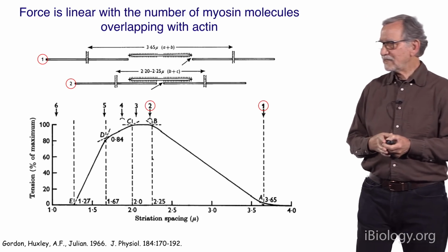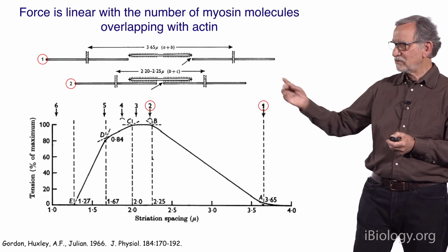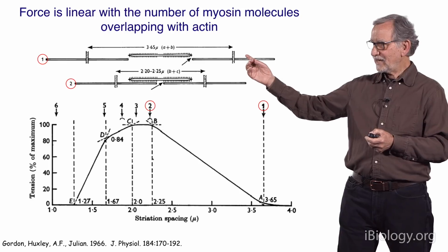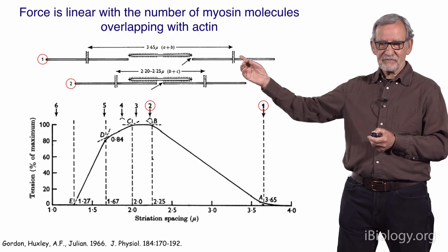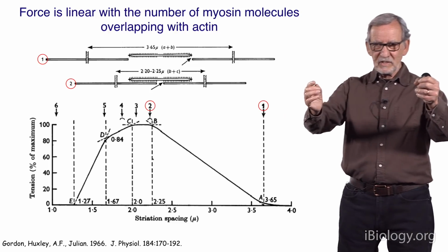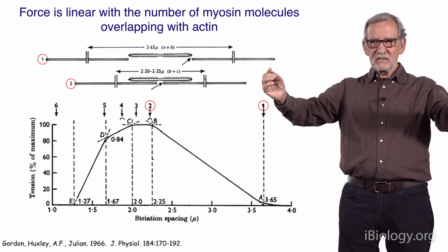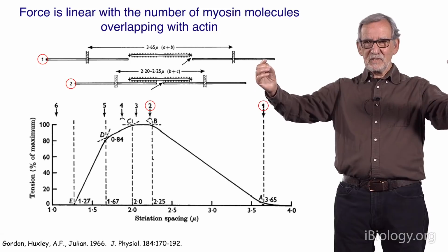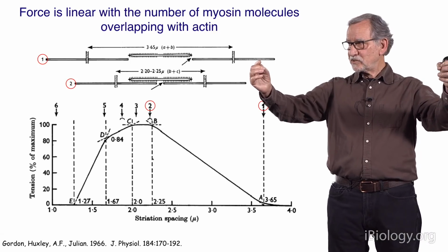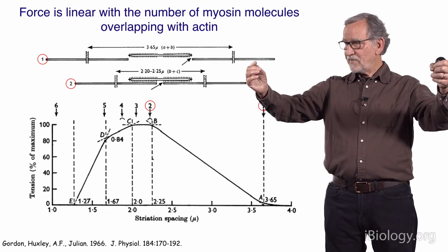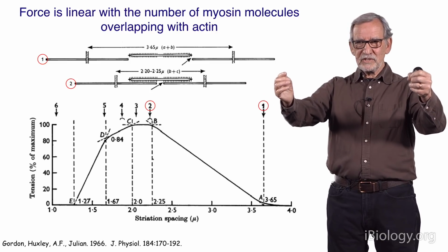Okay? And the important part of this is just shown here, where at the top is no overlap at all between the thin and thick filaments. So they've taken the muscle and they've stretched it such that they removed any overlap that was there. So the muscle doesn't usually start in that position. And then they allowed it to shorten and shorten.